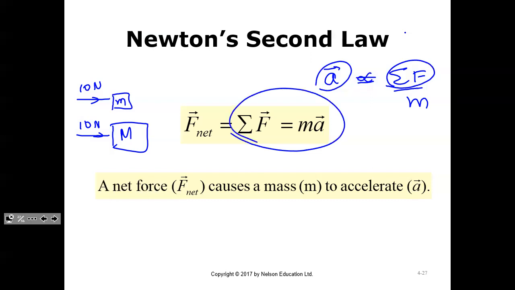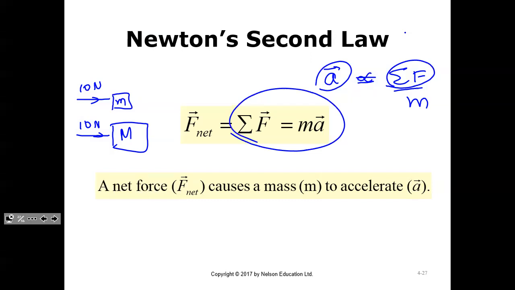So we moved to acceleration 0 before. Now we see what happens if there is an acceleration. This is Newton's second law. So you should understand what force does is to change the velocity. An object can have a velocity and can keep that velocity without needing any force.